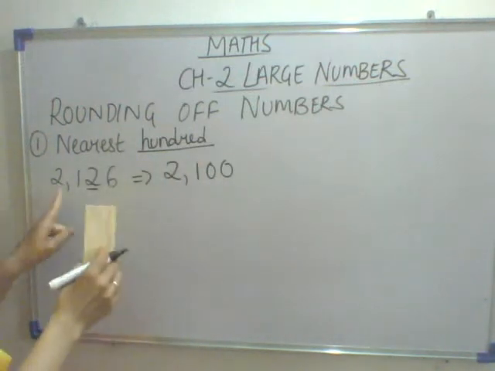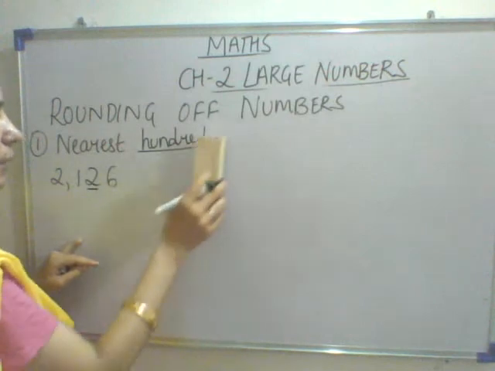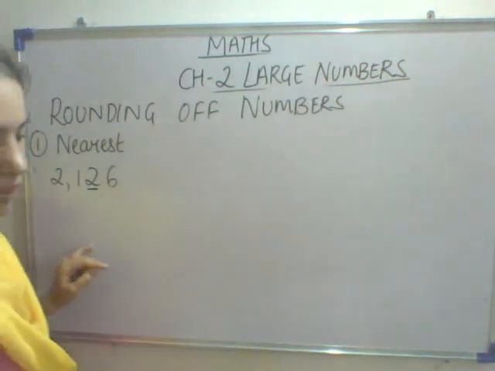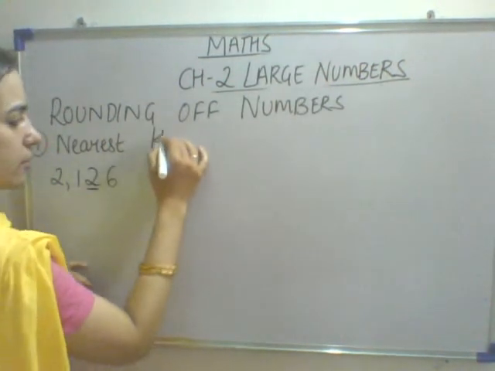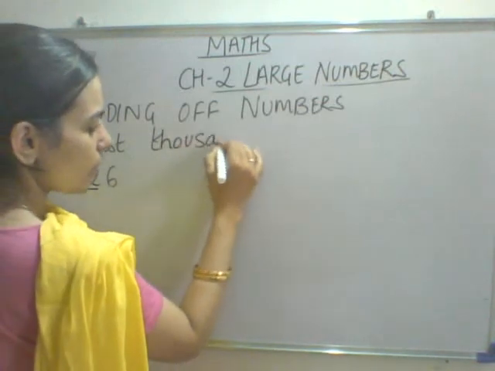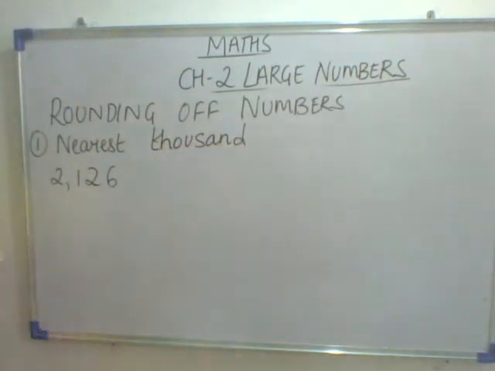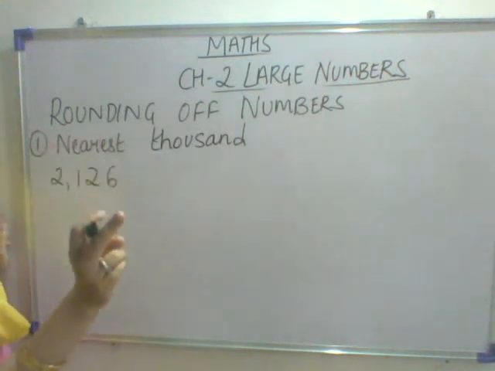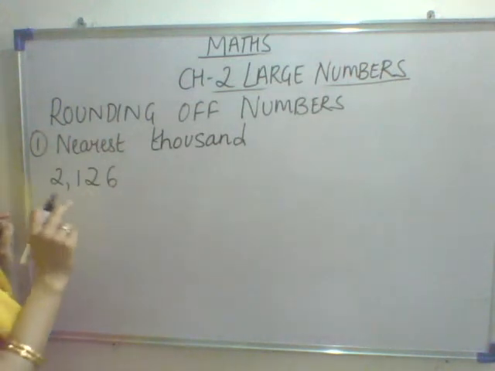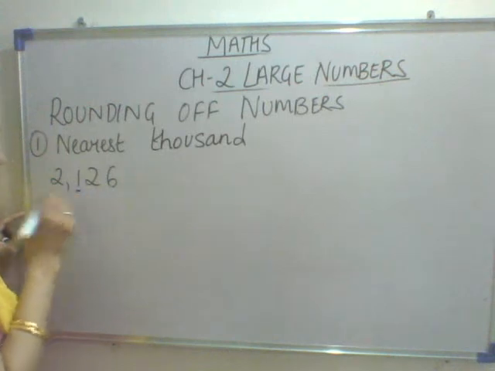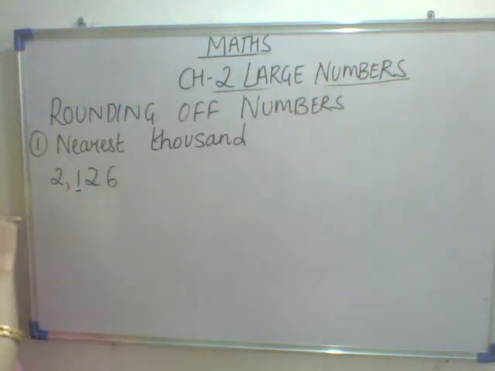Now if you have to round off the same number to the nearest 1000, how do you round off this number? You have to see the digit at the hundreds place. At the hundreds place the digit is 1, so it is less than 4.